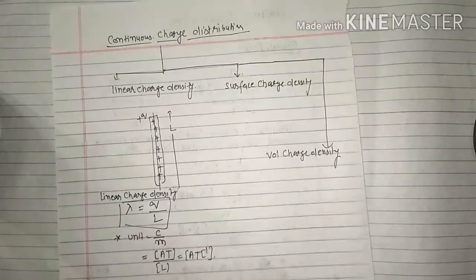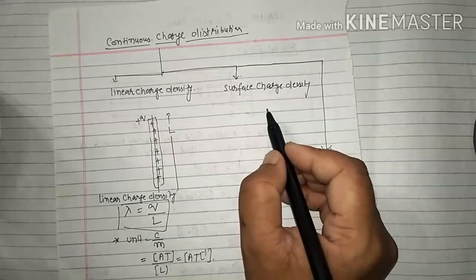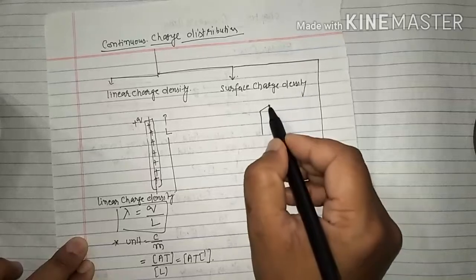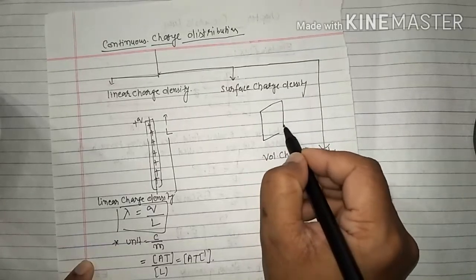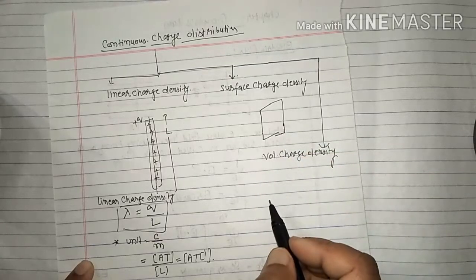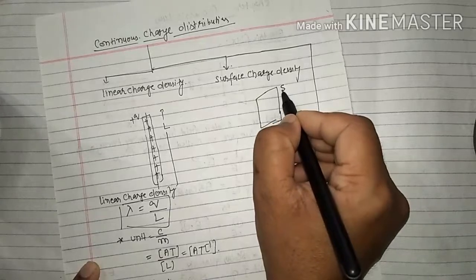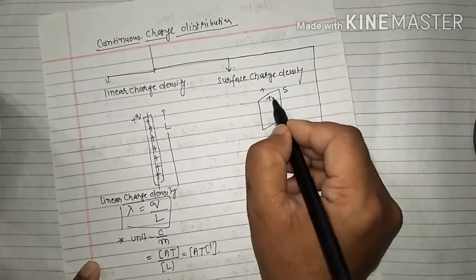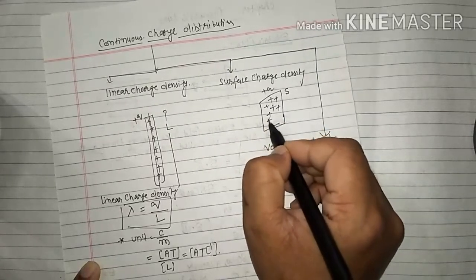Now come to the next one, surface charge density. Let's consider when a charge is distributed over a surface, then the charge distribution is called surface charge density. So let's consider a surface S and a charge plus Q is distributed over this surface.